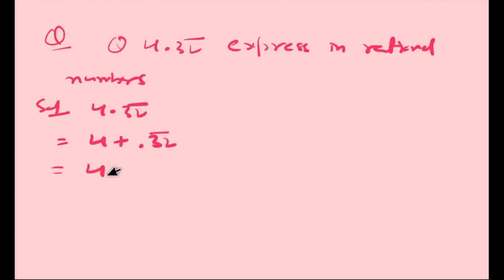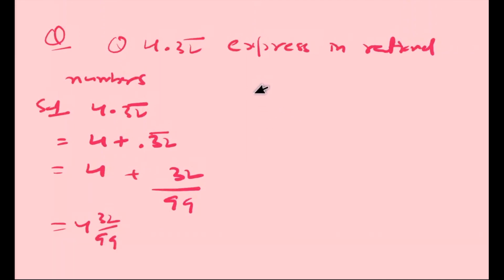So we can write here 32 upon 99, whatever digits are under the bar, you have to write 9 for each. This way you can write the answer directly. So your answer is 432 upon 99.